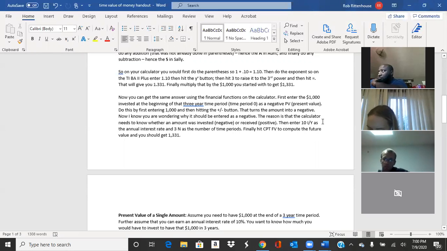Then enter 10 IY as the annual rate of interest, and then hit 3 N for the number of years or time periods, and then finally hit compute, the upper left-hand corner button, FV for future value, and you should get a positive 1331.